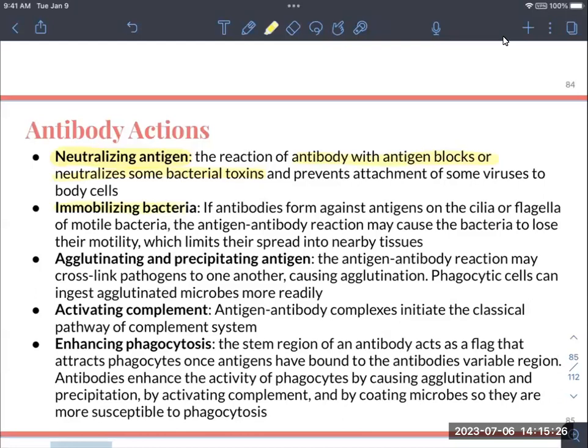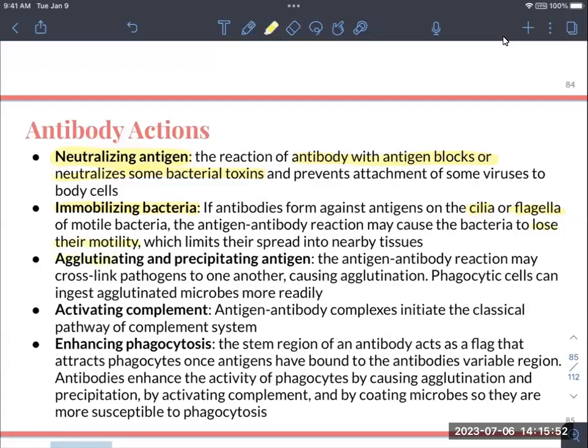We have immobilizing bacteria. If antibodies form against those specific antigens found on the cilia or the flagella of bacteria, because bacteria usually have one of those 2 things that help move them, it can cause the bacteria to lose their motility. And when they lose their motility, they can't spread from cell to cell.